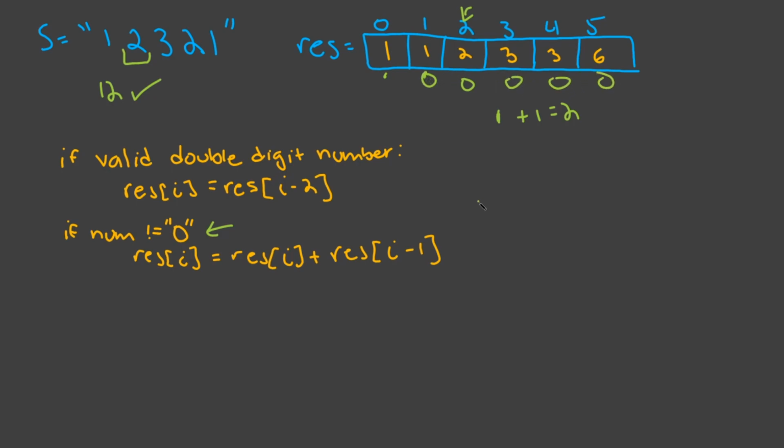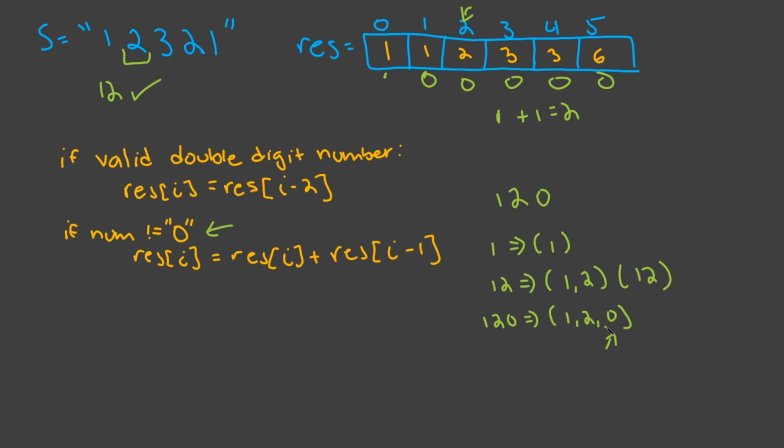So to give you another quick example of why we don't do this condition if we have 0, let's look at 1, 2, and 0. Well, let's start with 1. That makes one combination, just with 1. With 1 and 2, we can make two combinations. We can have them separate, or we can have them together as a 12. And with 1, 2, and 0, we cannot do this combination here where they're all separate because 0 is not mapped to anything.